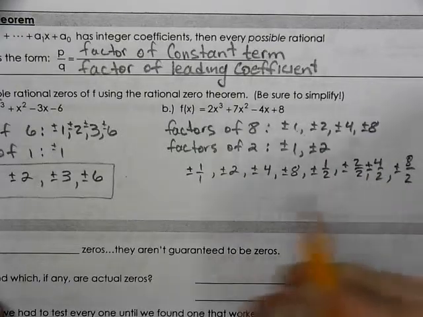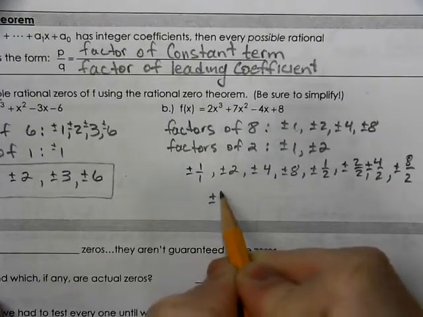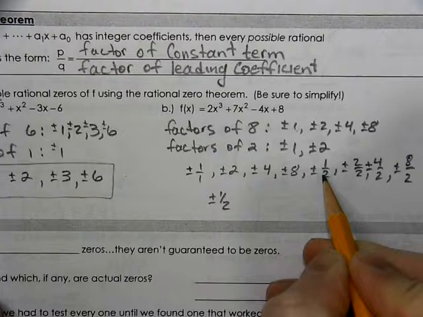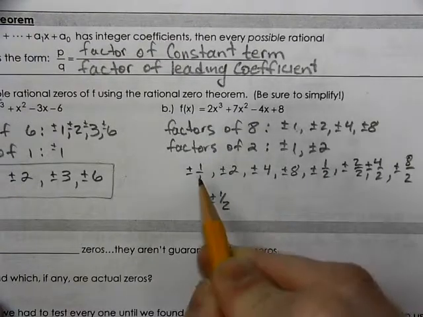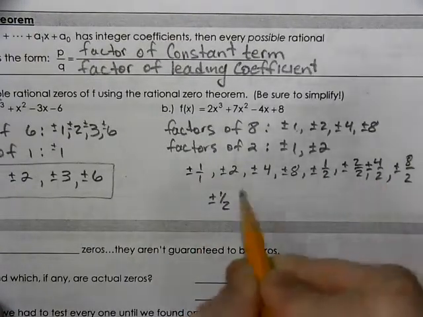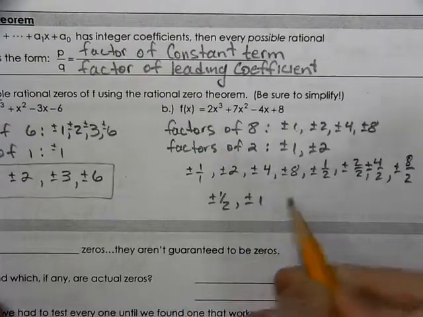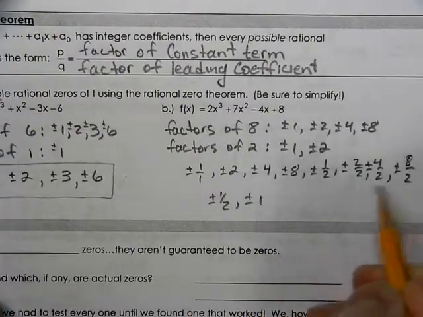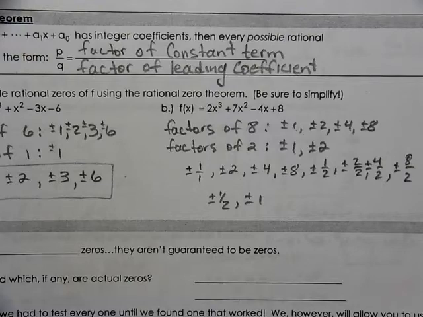Now this can often be simplified. It looks like a half is the smallest one, and then we have a couple of them representing 1. No other fractions quite like that.